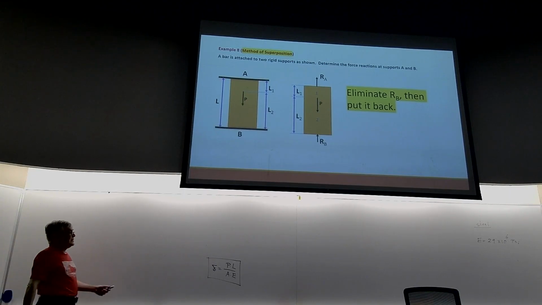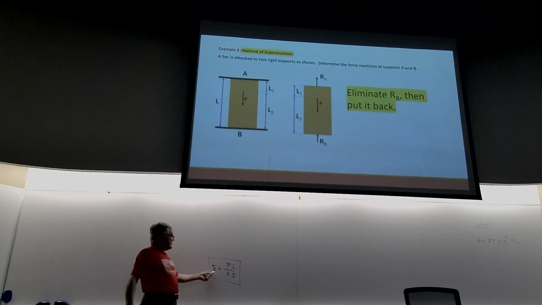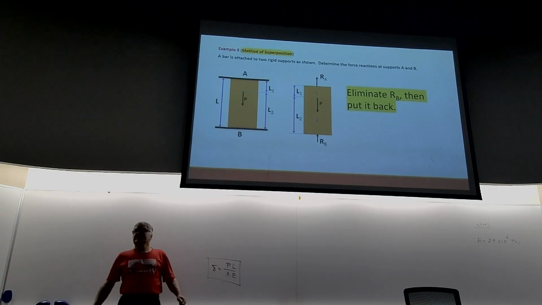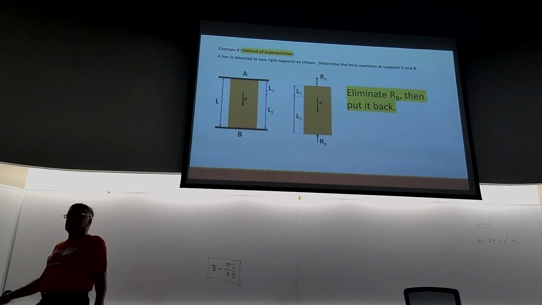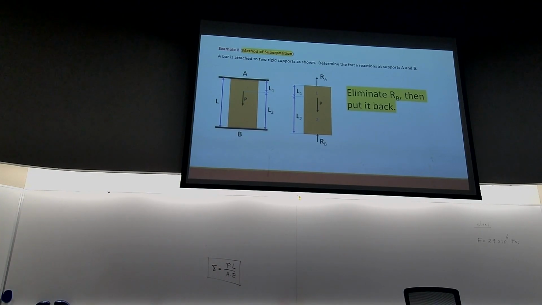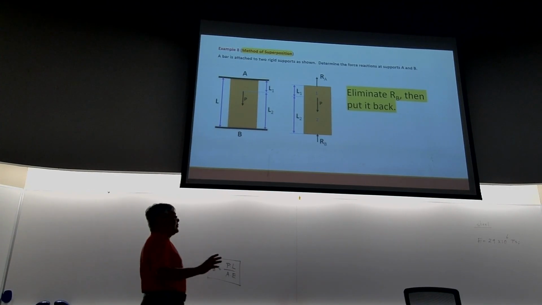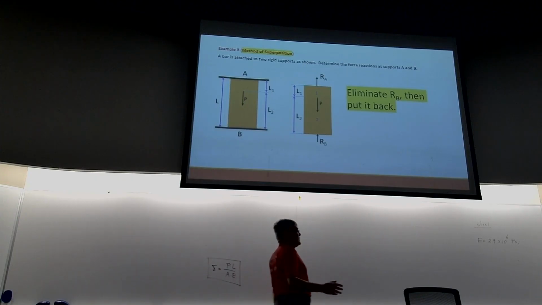As you can see, delta is a linear function of P. If you double the force, you'll also double the elongation. So that's a linear equation, which means that we could do this problem in pieces and combine the results.